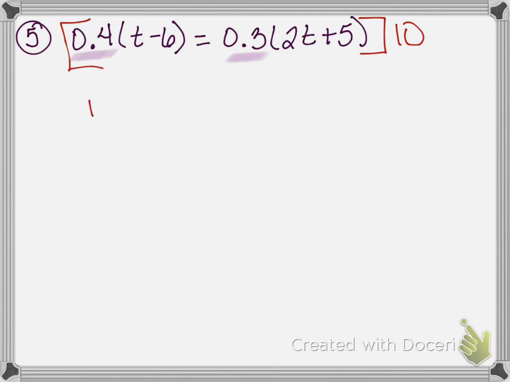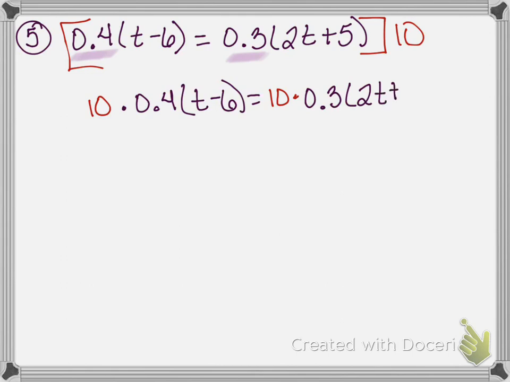So I have 10 times 4/10 times t minus 6 equals 10 times 3/10 times 2t plus 5.